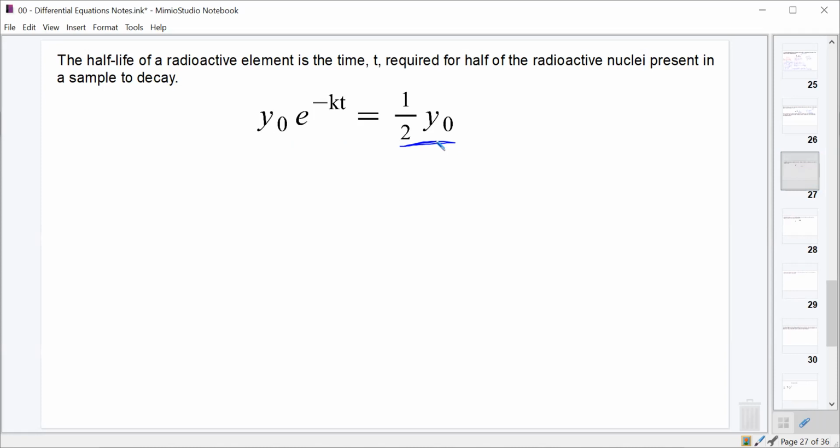So in order to solve this for t to find the half-life, all we've got to do is cancel out the y naughts to get e to the negative kt is equal to 1/2, and then take the natural log of both sides. I really don't like writing natural log of 1/2.